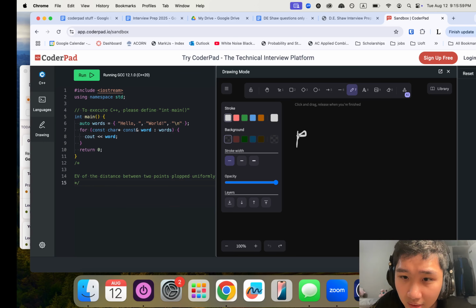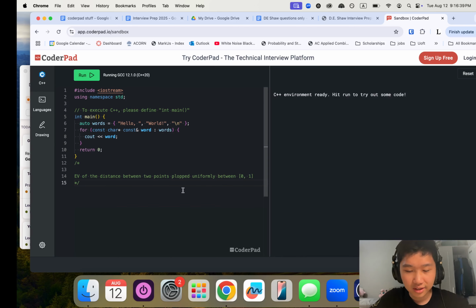So basically, the probability of x and y is going to be... for just a random variable in 0 to 1, the probability of x being less than or equal to a range, assume L is less than or equal to R. Except assume L and R are in the interval 0, 1.